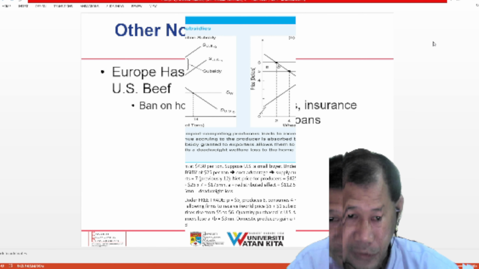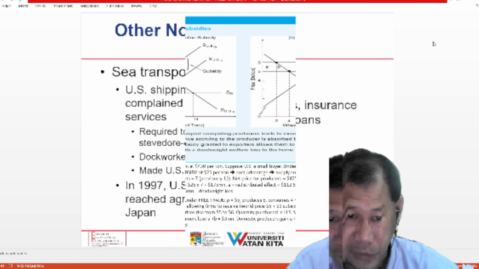Other non-tariff barriers: Europe has a ban on hormone-treated US beef. And sea transport and freight regulations.